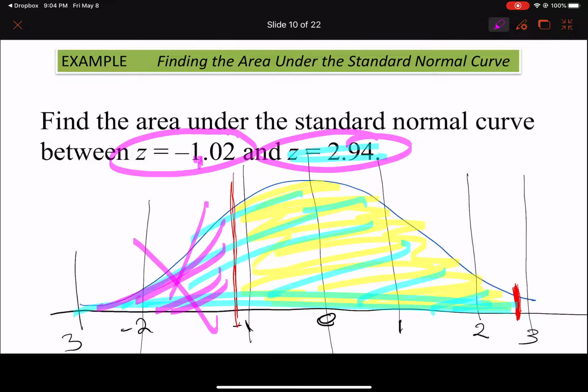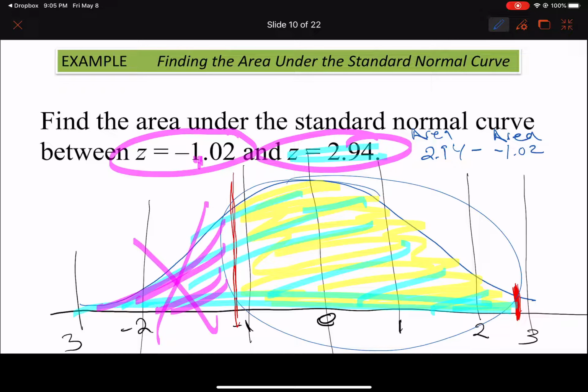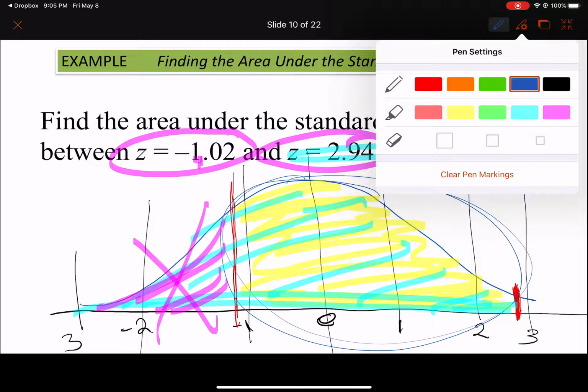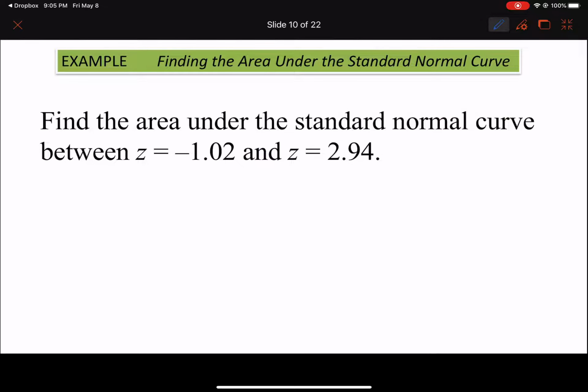If I subtract this off, I'm going to have just this area that I want, right? So if I take the whole 2.94 area, then subtract the area for negative 1.02, then I'm going to end up with just this piece that I need. So let's do that. Oops, and that was a really ugly drawing. I'm hoping you understood that.